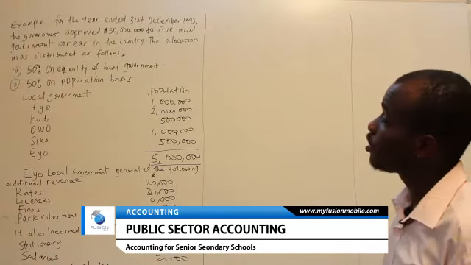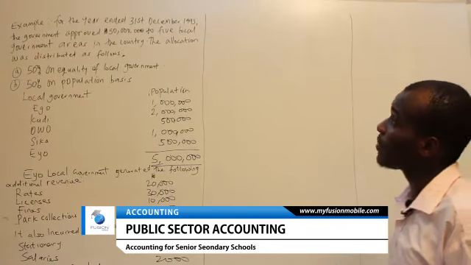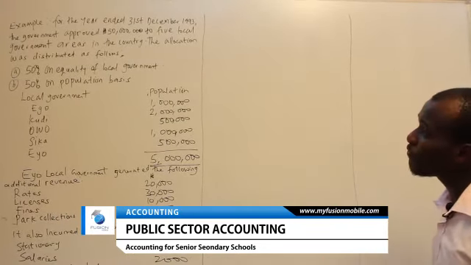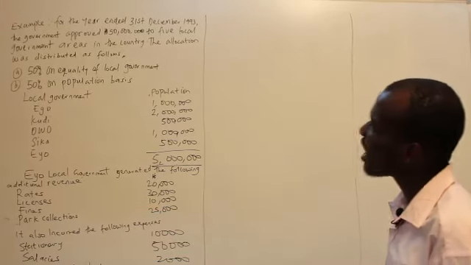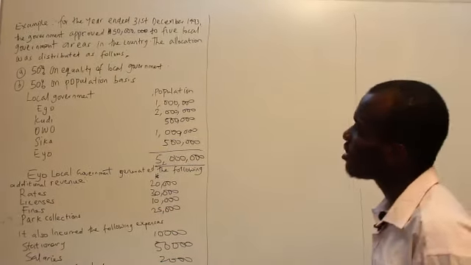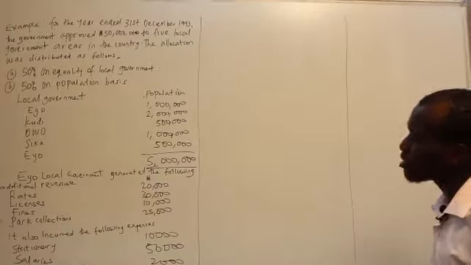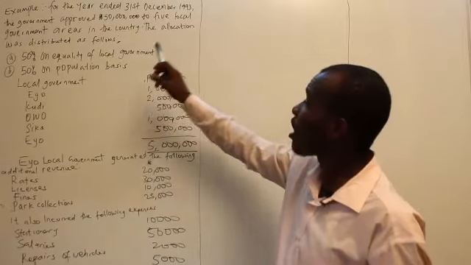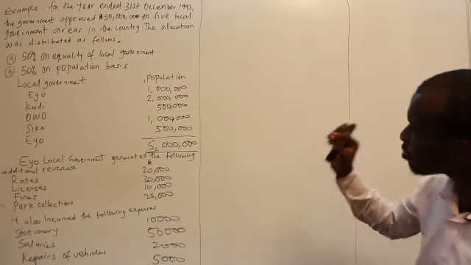So we have an illustration for the year ended 31st December 1993. The government approved 50 million naira to 5 local government areas in the country. The allocation was distributed as follows: 50% on equality of local governments, 50% on population basis. So 50% of the amount goes on equality of local governments, and 50% goes on population basis.